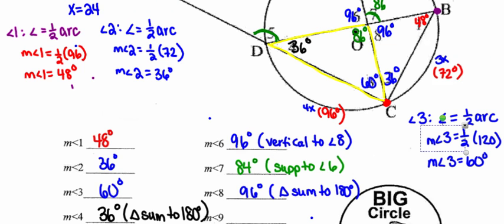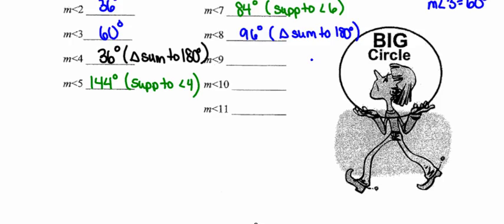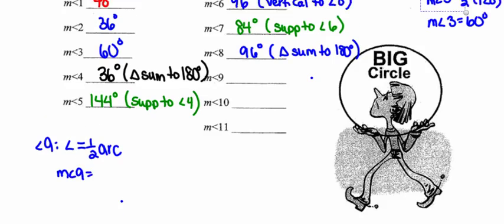Wow, and we're doing really, really well here. Angle 9 has its vertex on the circle, so its degree measure is going to be half of the arc that it intercepts. And just be very careful when you're working with angle 9 because its arc is a little bit funky.